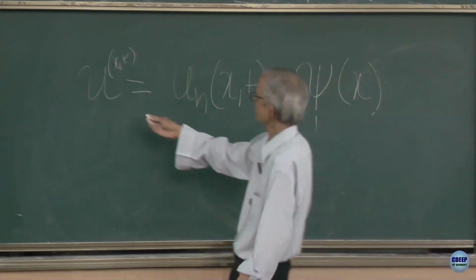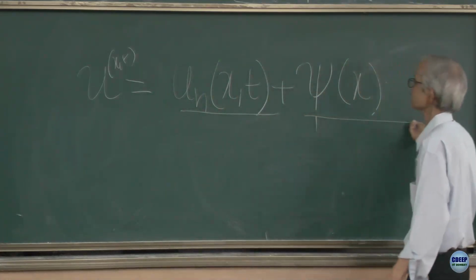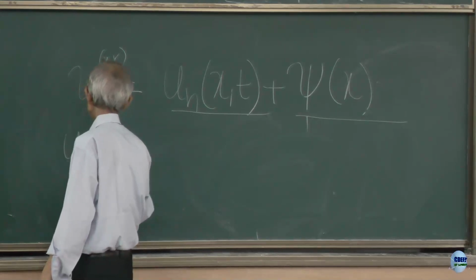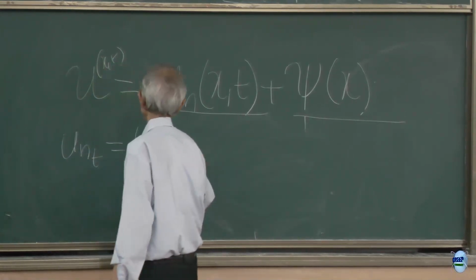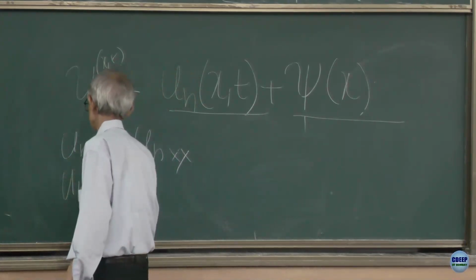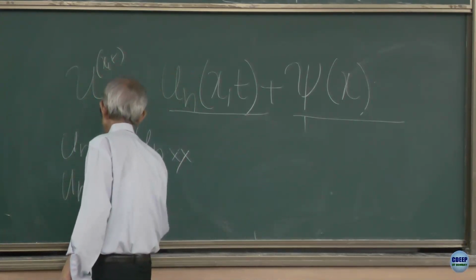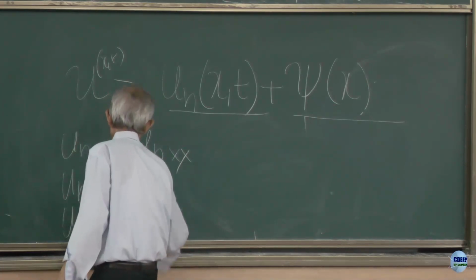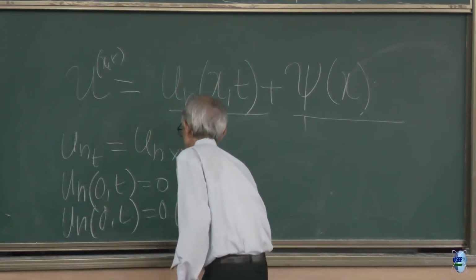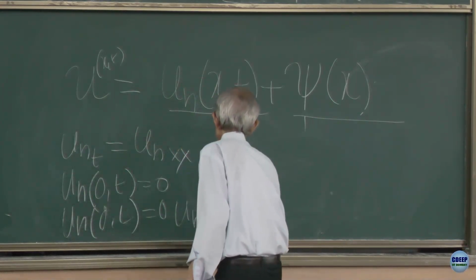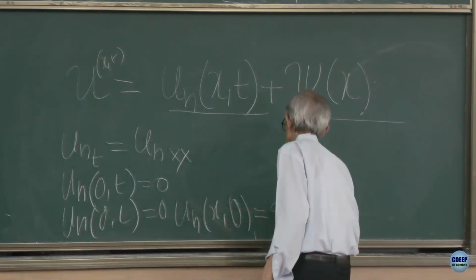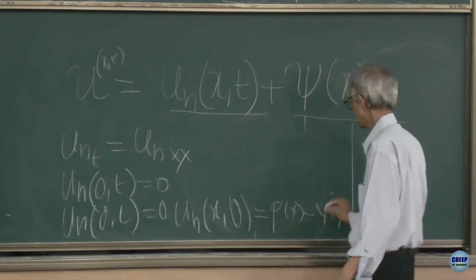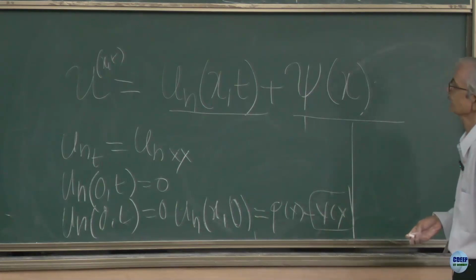We said U is equal to a homogeneous part plus a non-homogeneous part, and then we had UH of t is equal to UH XX, UH of x equal to 0 all time equal to 0, UH x equal to 0 all L equal to 0, and UH at all x and at time t equal to 0 is px minus psi x. I know how to solve this, except I don't know what is this psi x.